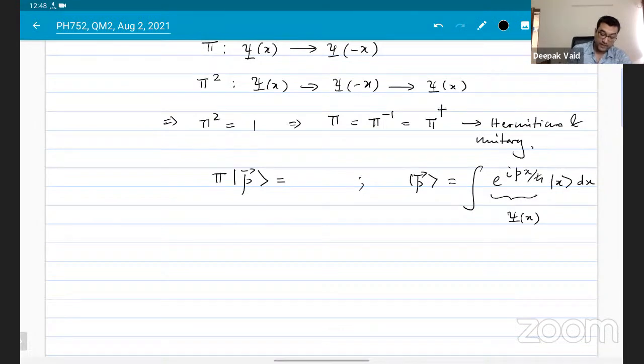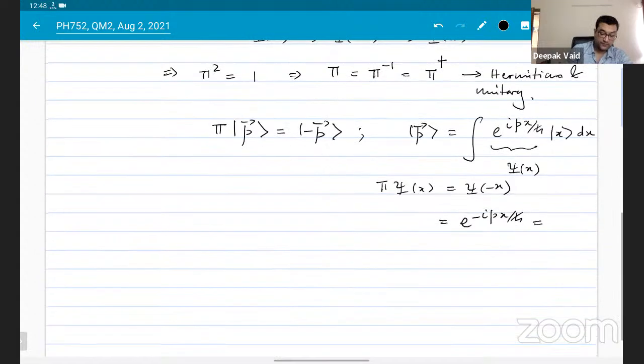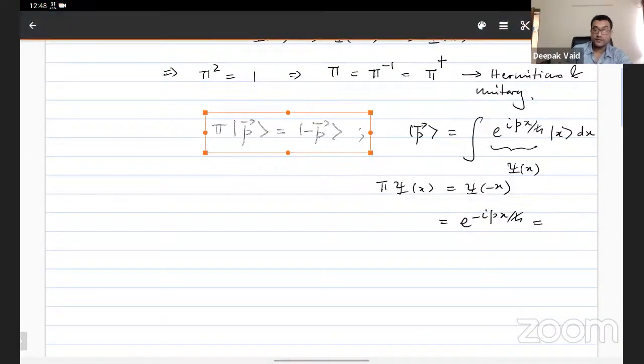So if I apply the parity operator to this psi of x, what do I get? I get psi of minus x, which is equal to e to the minus i p x by h bar, because in this exponent you will just get a negative sign. And this object corresponds to the coefficient for negative momentum. So the action of parity on a momentum state will be given by this expression.